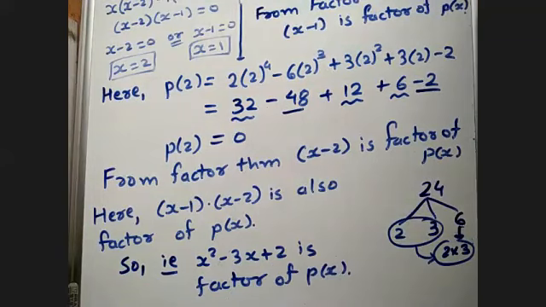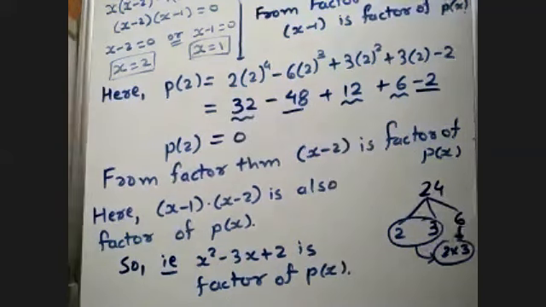So this is what was asked in the question: without actual division, prove that 2x to the power 4 minus 6x cube plus 3x square plus 3x minus 2 is exactly divisible by x square minus 3x plus 2. So if x square minus 3x plus 2 is a factor of p of x, then definitely it is exactly divisible by x square minus 3x plus 2.